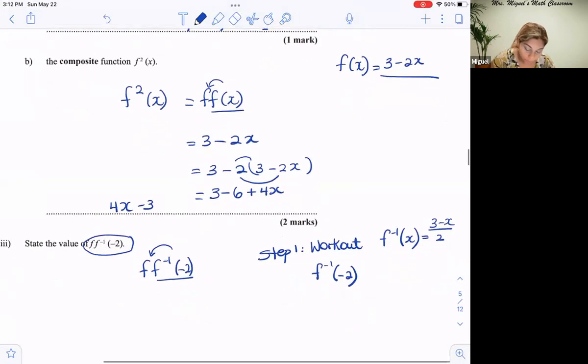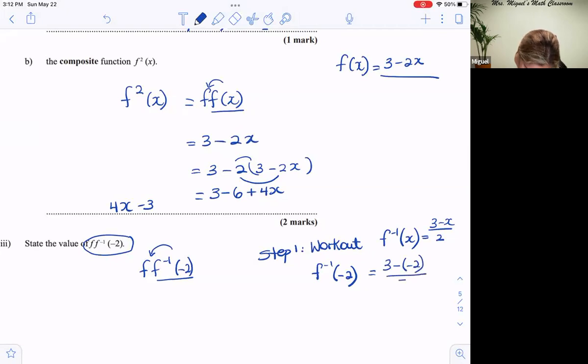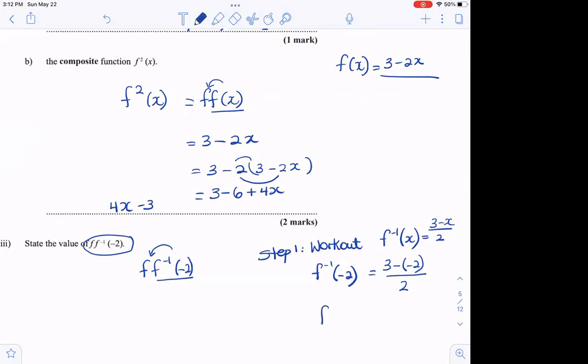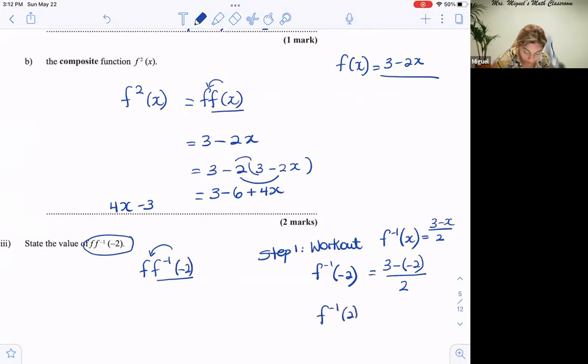All right. We are expected to have 3 minus minus 2 on 2. What answer did you all get? 5/2, miss. So f inverse of 2 is 5/2.